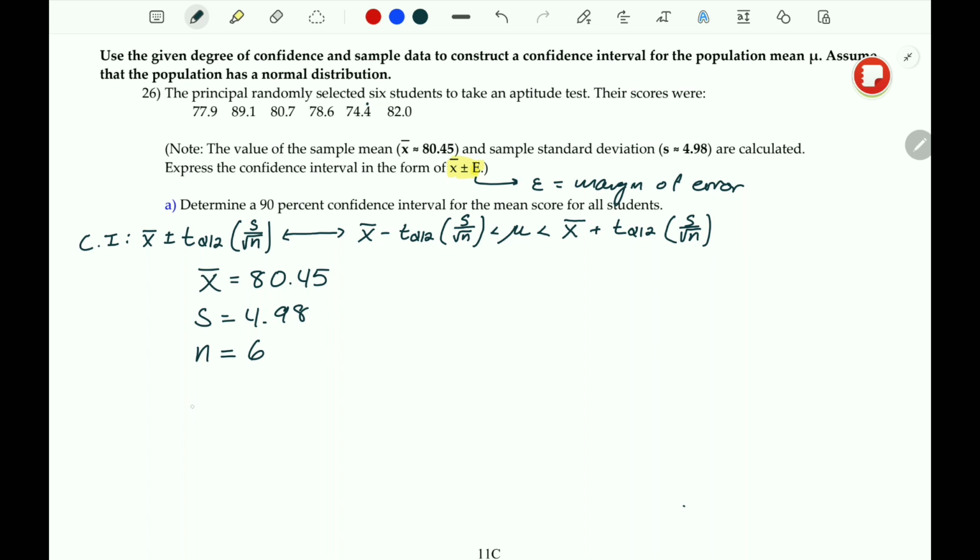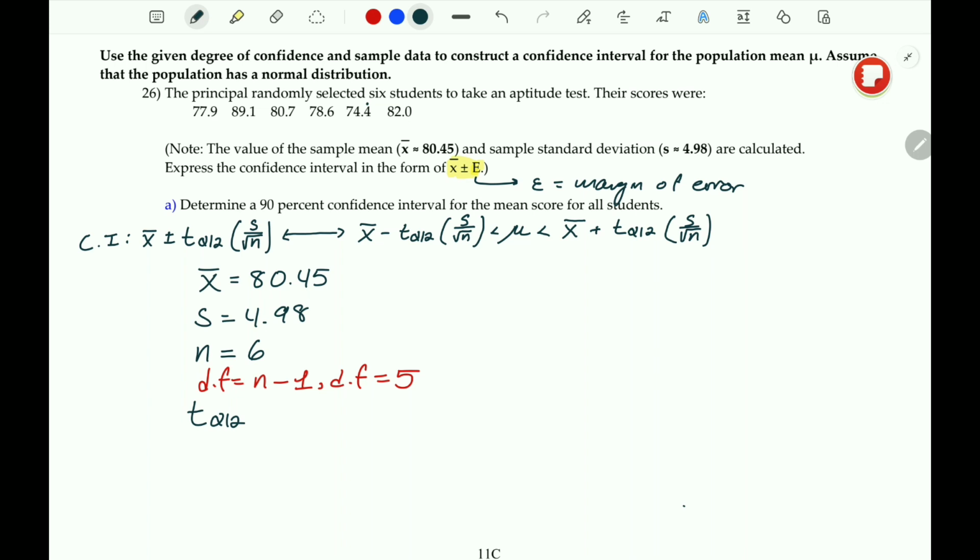And in order to find our T critical value for 90%, we need to first determine our degrees of freedom. The degrees of freedom in this case is the sample size minus 1. Because my sample size is 6, the degrees of freedom is going to be 5.